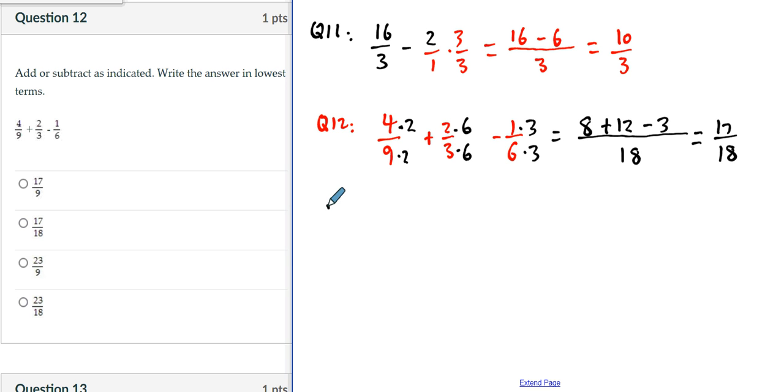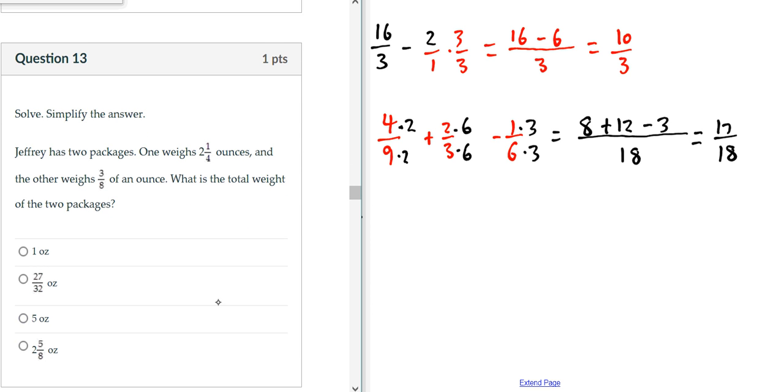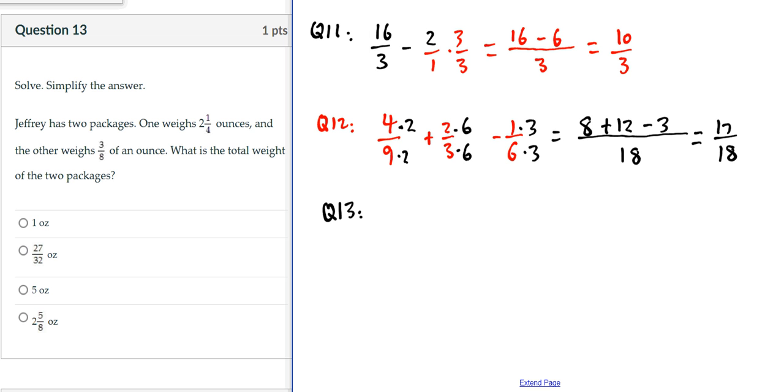Okay, now 13. 13 is a story problem. So we see here Jeffrey has 2 packages. One weighs this much, 2 1/4 ounces.